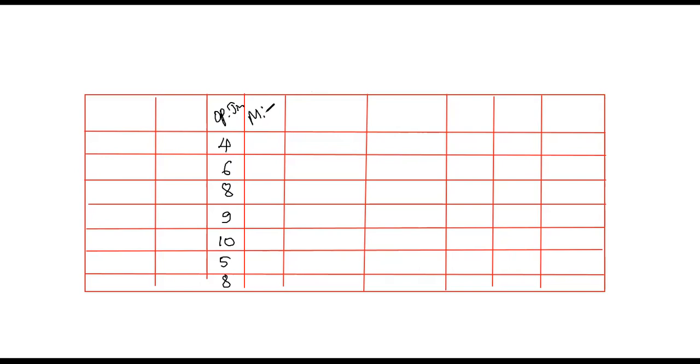Optimistic time, most likely time, and this is pessimistic time. Okay, let me write down the values. So here it is 6, 8, 10, 12, 18, 24. This is 9, and it is 14, 18, 5, 5, 10, 12.